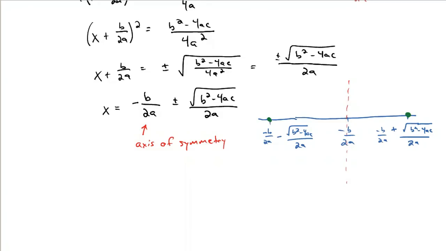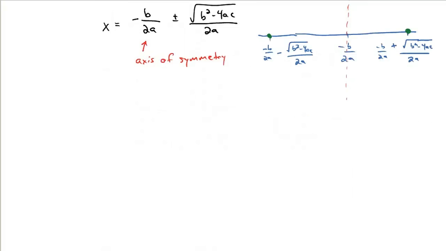Okay. Again, these are some details I think you miss if you memorize the thing I'm about to write, which is just x equals negative b plus or minus the square root of b squared minus 4ac over 2a. That's the quadratic formula.